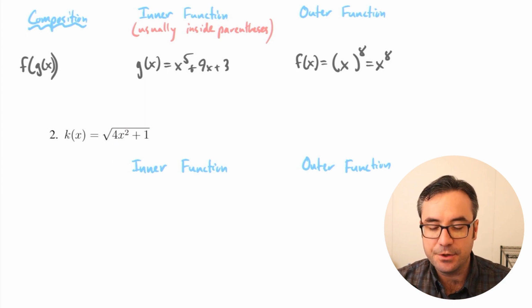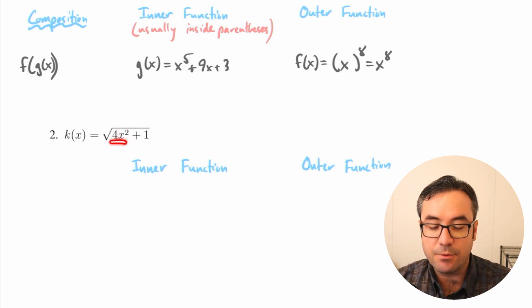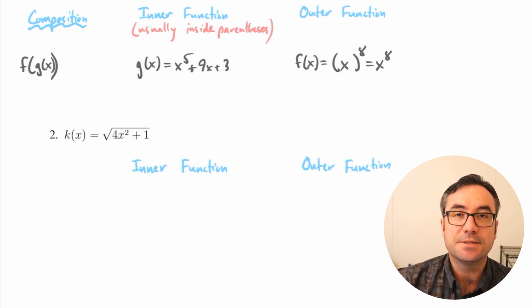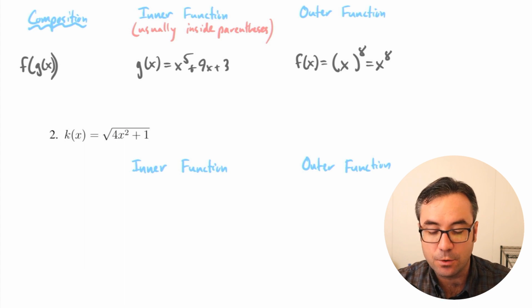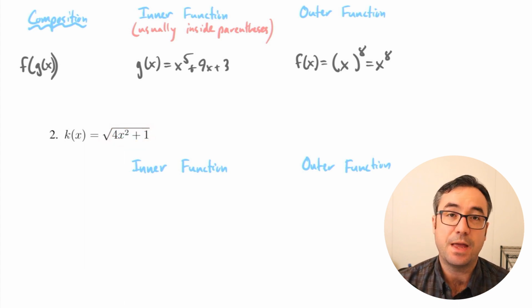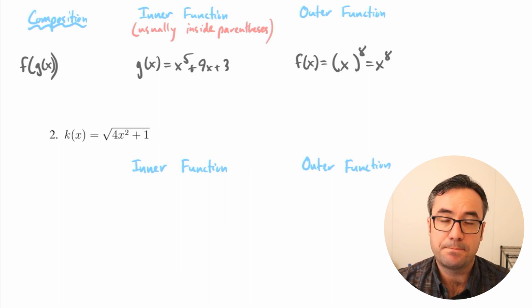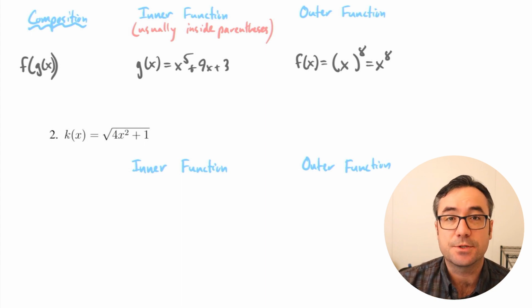The first thing I would do with my x value is I would square it. Then I would multiply by 4. Then I would add 1 to that. And then the very last thing I would do is I would take the whole result from doing all that, and I would do the square root. And that would be it. So the last thing I do for this function is the square root. And that's going to be my outer function.